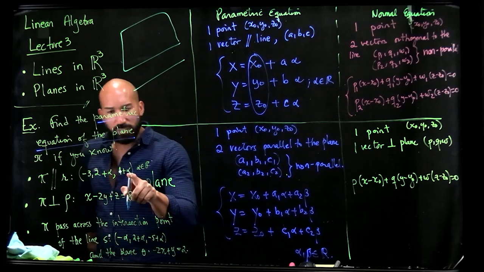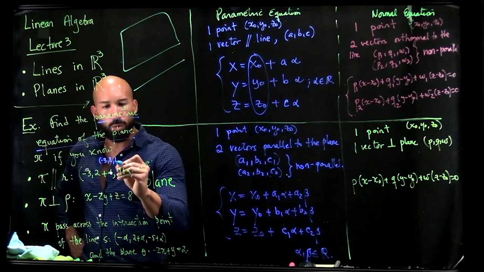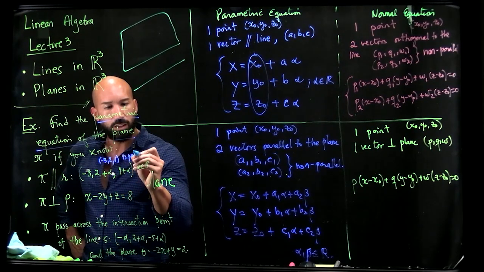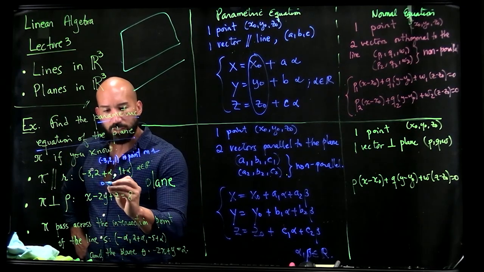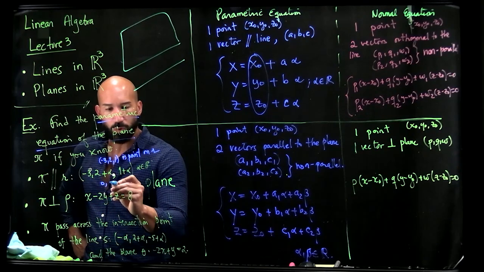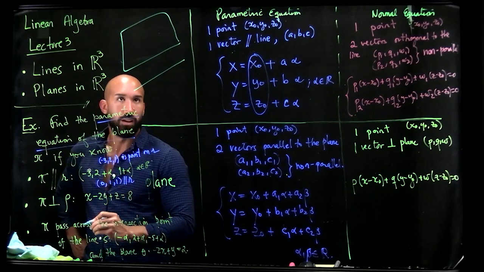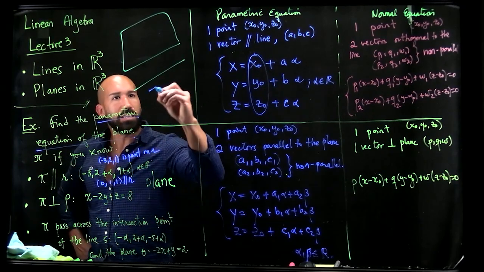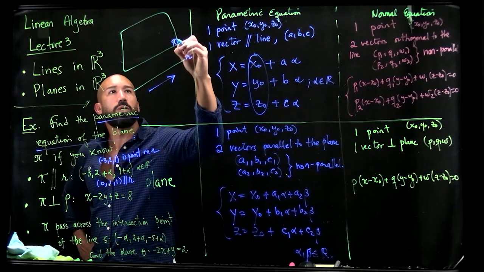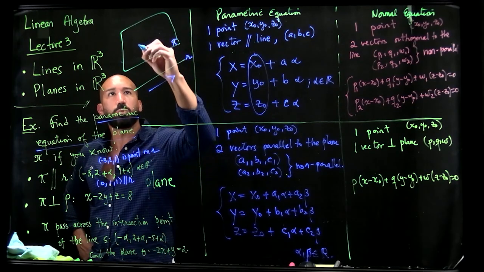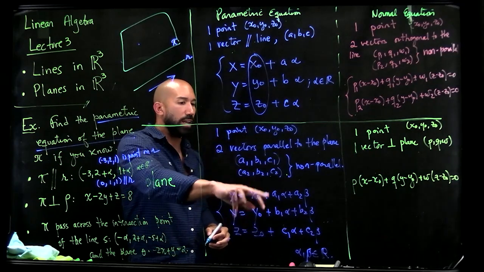So by only looking at this equation, I can say, oh, (-3, 2, 0) is a point on R. And in addition, (0, 1, 1) is a vector parallel to R. But R is parallel to my plane pi, so this vector is parallel to the plane. So I have one of the two vectors that I need to describe my plane.